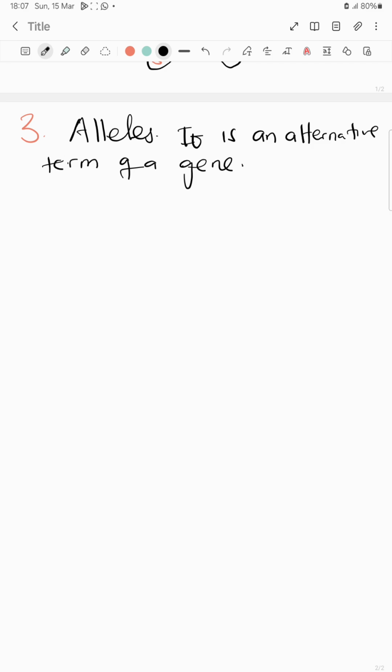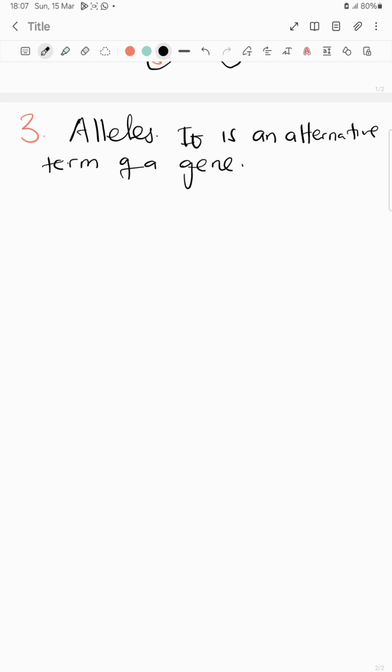There can be two versions altogether. A gene is a basic unit of inheritance, and there can be a gene for height, a gene for skin color, a gene for eye color.